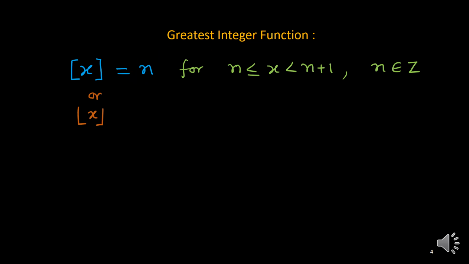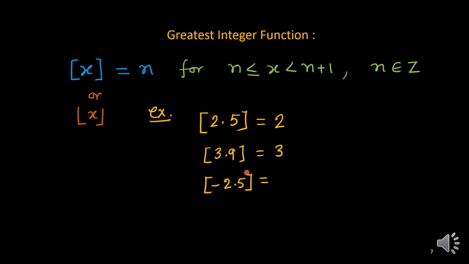For example, if I consider 2.5, its greatest integer value is 2 only, because 2 is the integer part and 0.5 is the decimal part. So this is your 2. Similarly for 3.9, its integer value is 3. However, for negative minus 2.5, what would be the integer value? Now you can note that this x, minus 2.5, lies within minus 3 to minus 2.